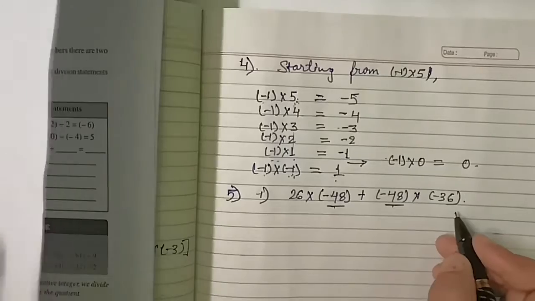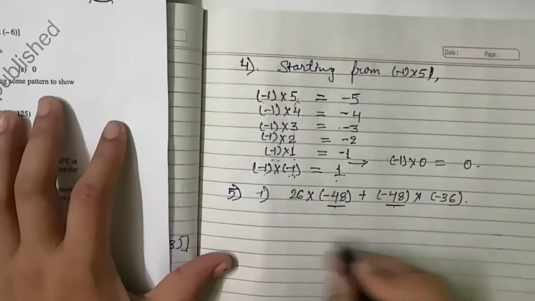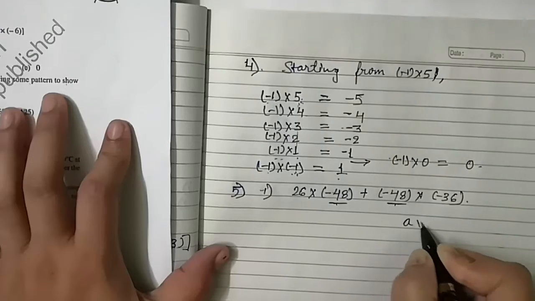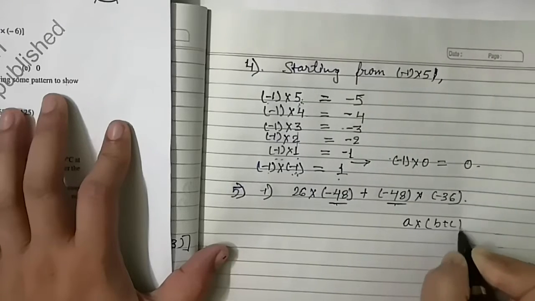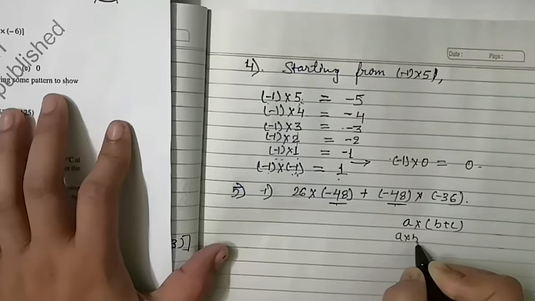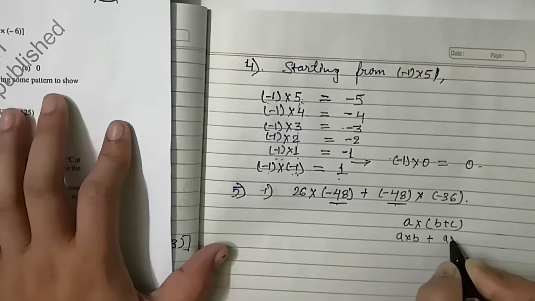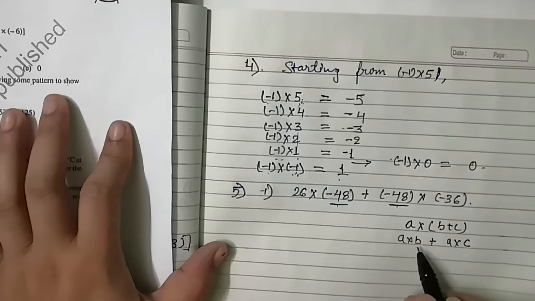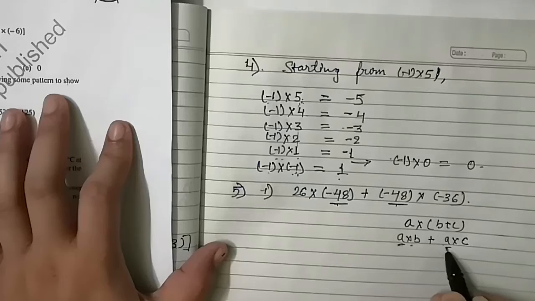Let's remember the distributive property. What was our distributive property? A multiplied by b plus c is a multiplied by b plus a multiplied by c. Now just compare this equation with this equation.